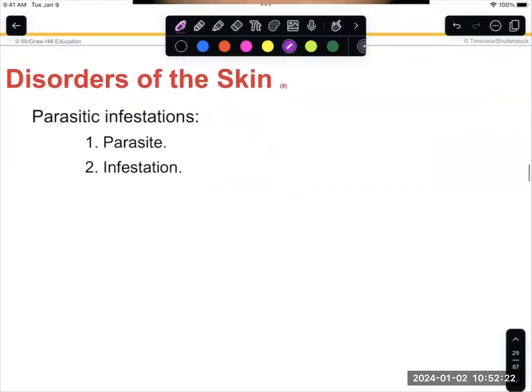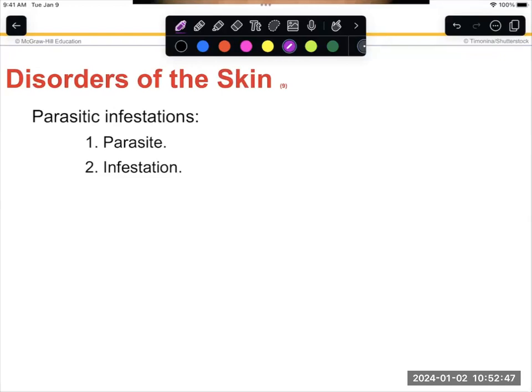Parasitic infections. A parasite is an organism that lives in contact with and feeds off another organism. So this organism just lives off of you, lives off of this person. They don't contribute anything. They just take.